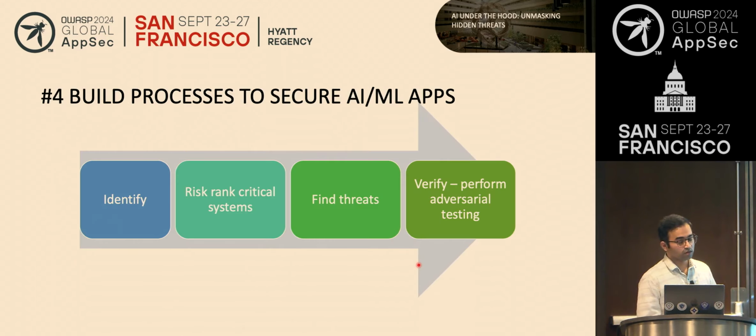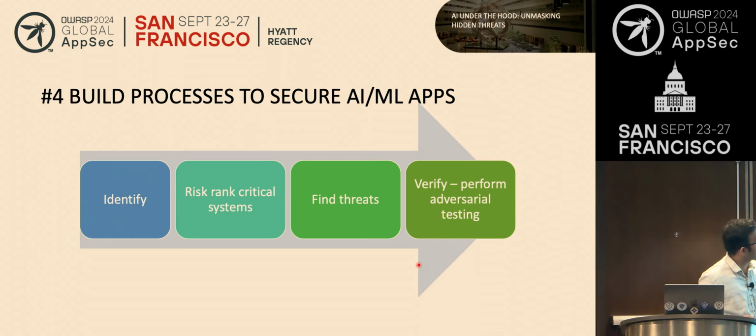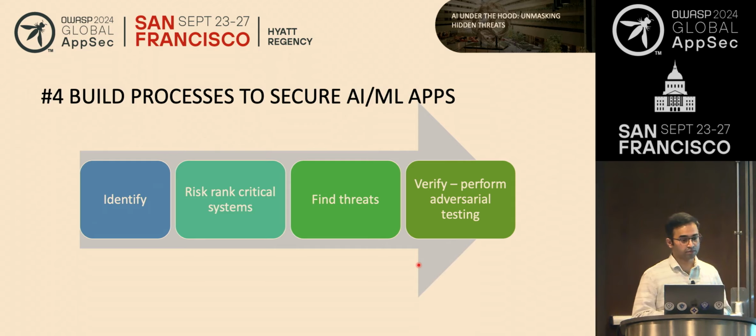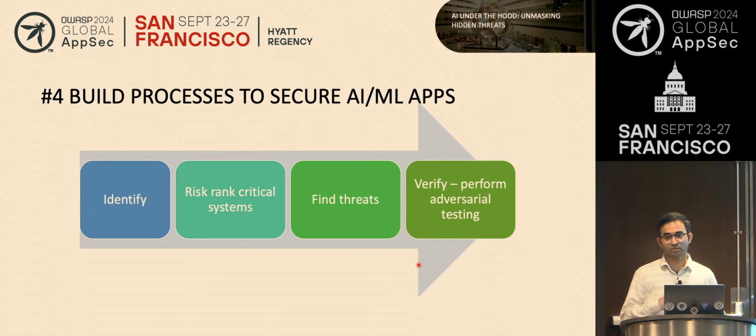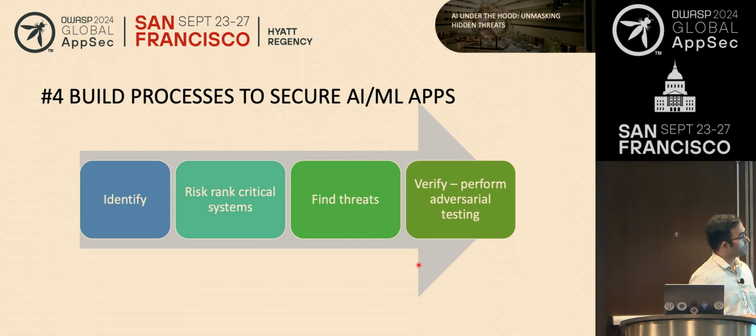The fourth and final process I will talk about today would be to have an end-to-end process to secure AI ML apps. In the first phase, identify. Here, the organization can identify the applications which are AI specific within it, and once they identify the applications, they can move to risk ranking the critical systems.